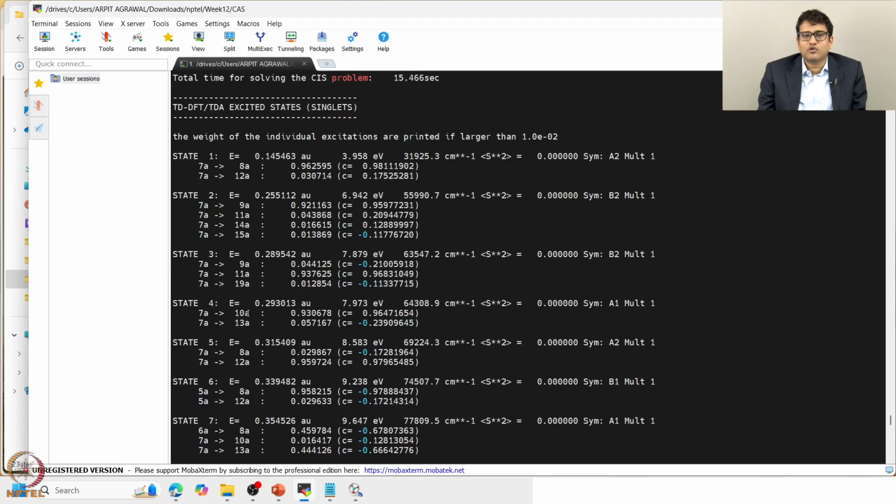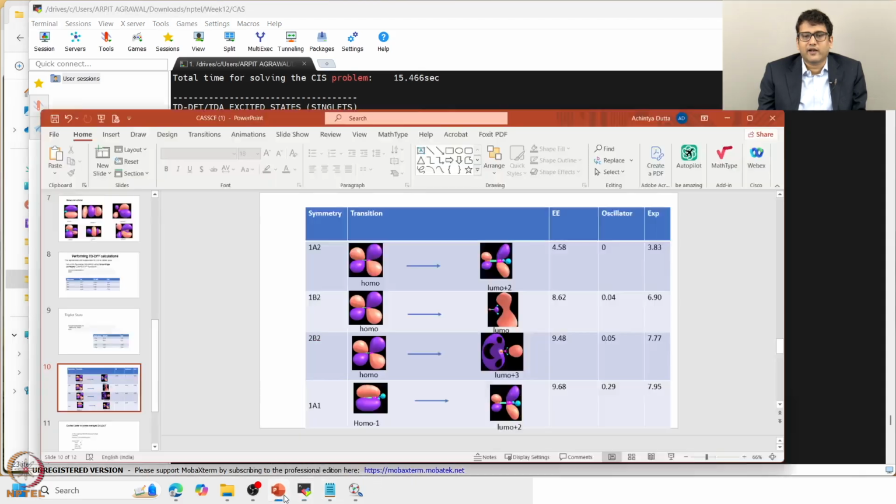So I at least need to take 2 active orbitals and 4 virtual, so total 6 orbitals and 2 electrons for doing the calculation.